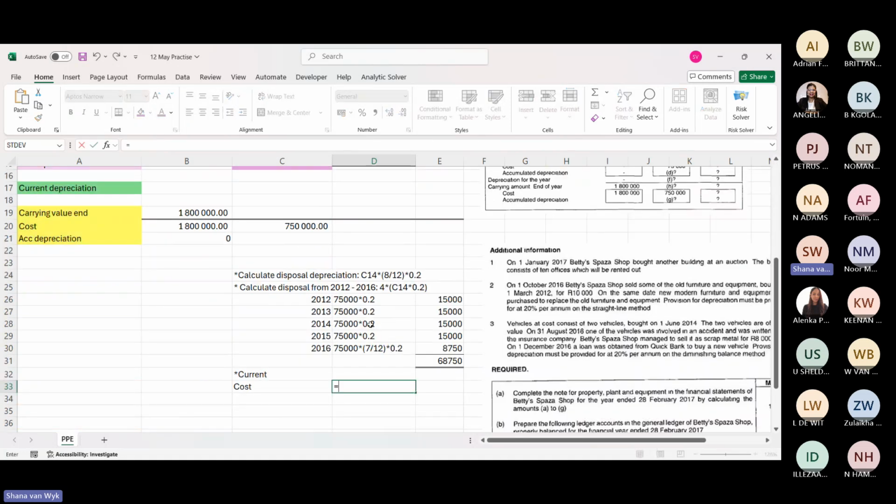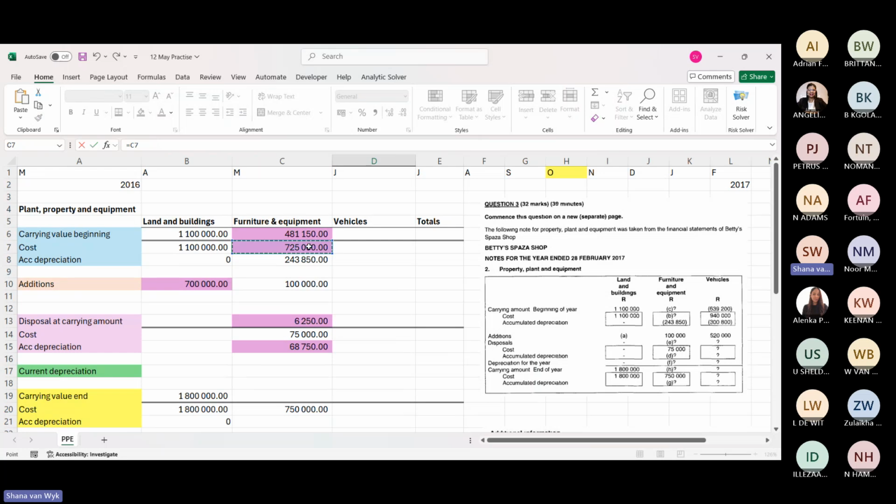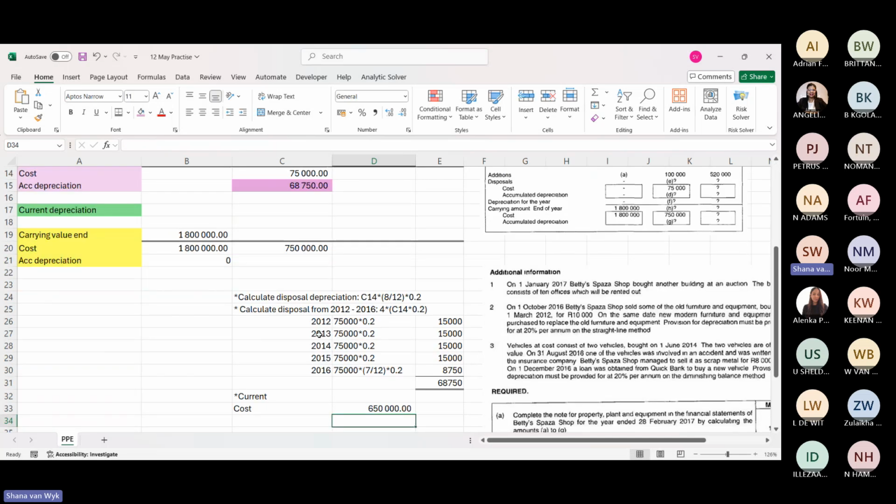So it's what we had minus what we disposed of. This is the remainder that was valid for the whole year. We know it's for the whole year, so we're just doing that straight line, and then I get 130.